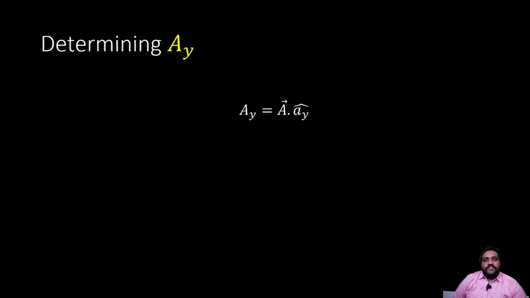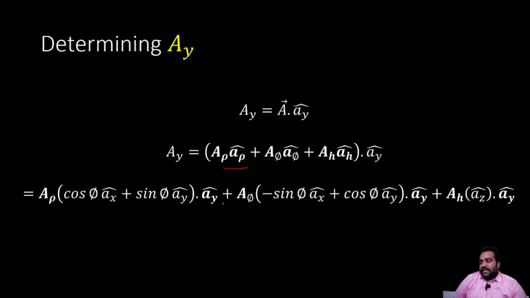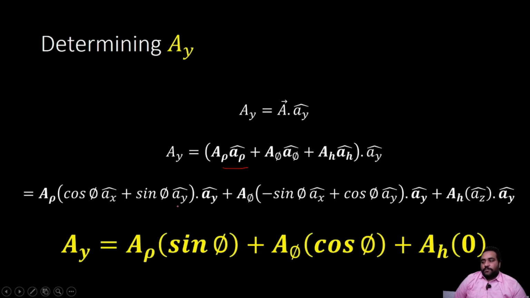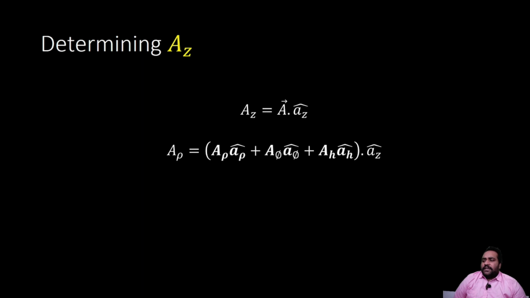Again, A bar is a vector expressed in the cylindrical coordinate system, and the unit vectors in the cylindrical coordinate system can be expressed in terms of unit vectors in the Cartesian coordinate system, and again perform the dot product operation after applying the distributive property, and this would be the expression for Ay in terms of a rho. Now determining Az would also require you to do the same, but again, as you know, ah and az have a direct relation, that they are one and the same.